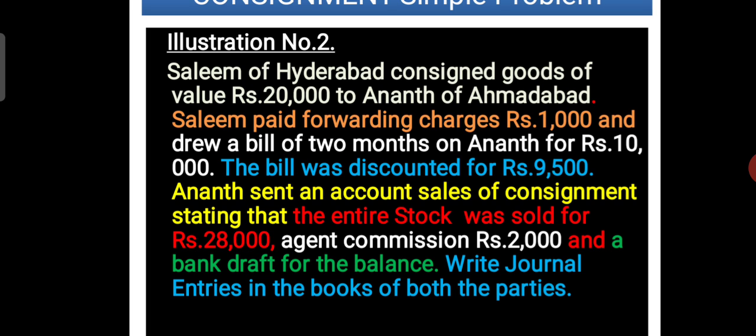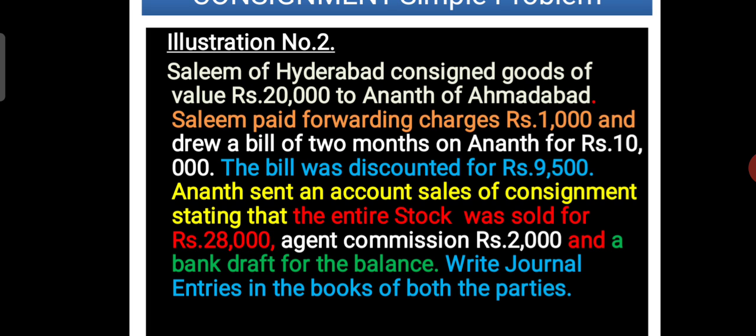Salim paid forwarding charges ₹1,000 and drew a bill of 2 months on Anant for ₹10,000. The bill was discounted for ₹9,400. Anant sent an account sales of consignment stating that the entire stock was sold for ₹28,000.